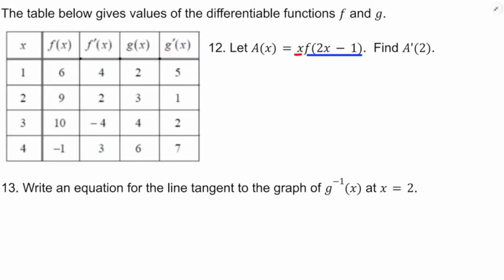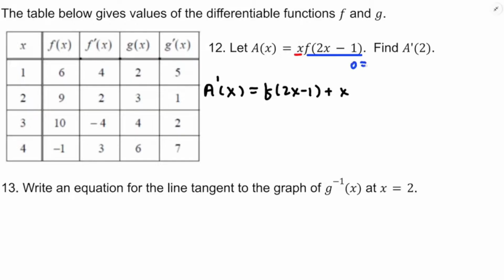But first, I'm going to say a prime of x. First, I'm going to take the derivative of the easy one. Taking the derivative of red would be 1, and I will leave blue the same. And add, leaving red the same, taking the derivative of blue.